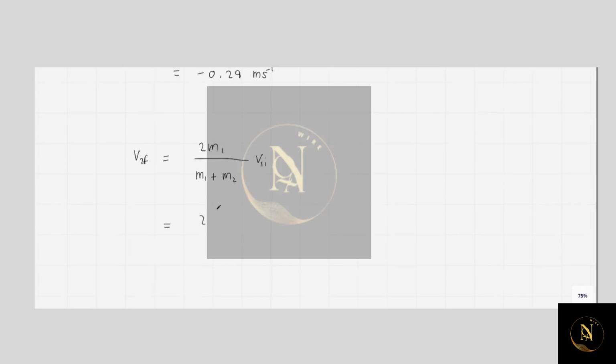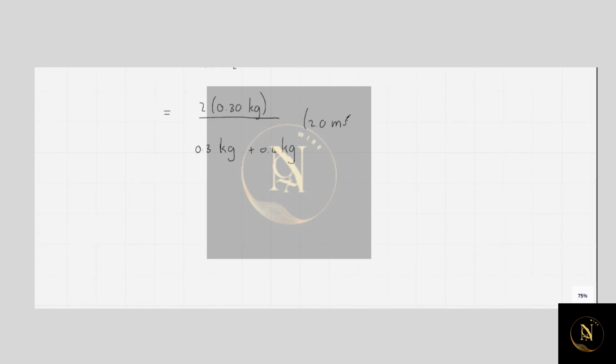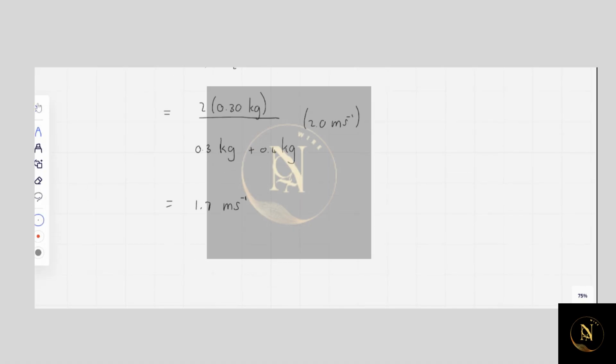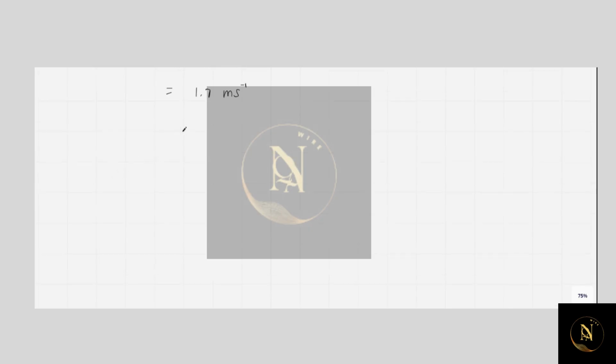This is 2 times 0.3 kg over (0.3 kg plus 0.4 kg), again multiplied by 2 meters per second. Calculating, we get 1.7 meters per second. So now we know the second particle's velocity after the collision, as well as the first particle's velocity after the collision.